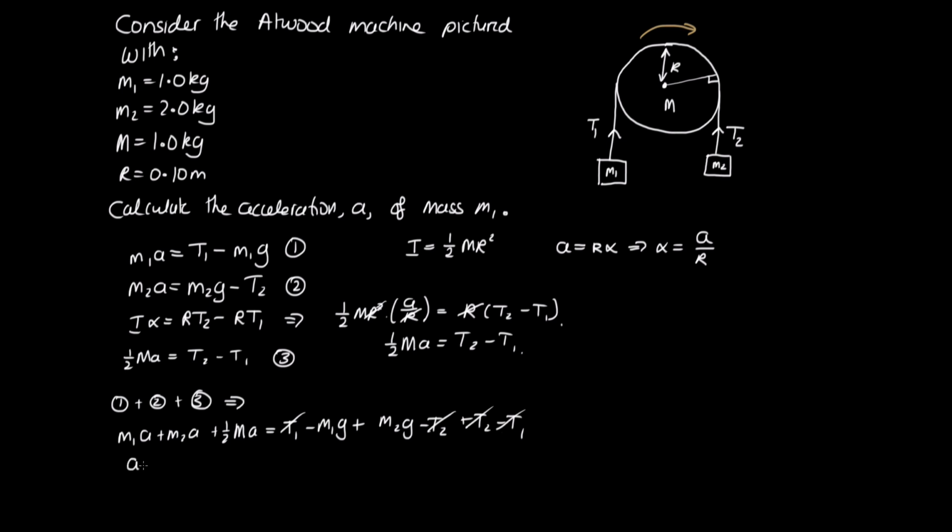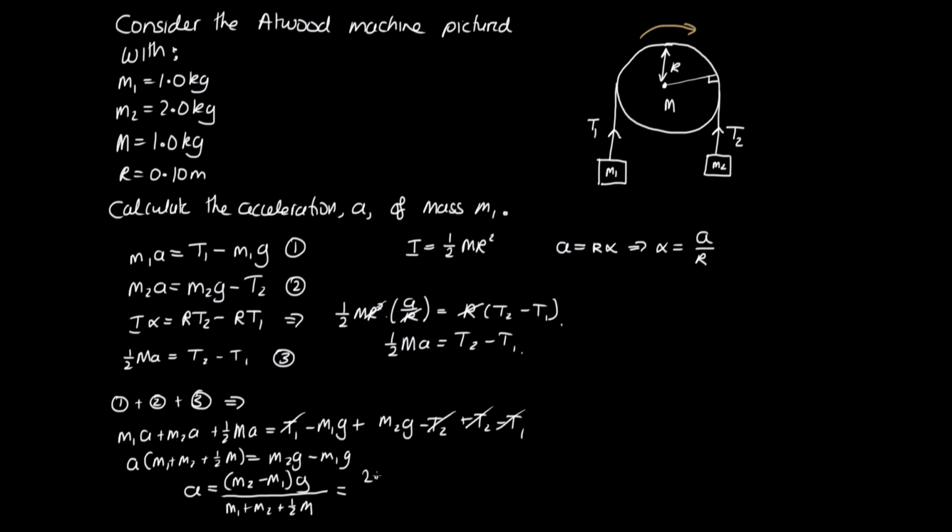So we can rearrange this and say, well, a times m1 plus m2 plus a half m is equal to m2g minus m1g. And then we can rearrange it to get our acceleration. Our acceleration is equal to m2 minus m1, let's pull g out as a common factor, over m1 plus m2 plus a half m. And now these are all things that we have, so we can substitute in for our system here and solve this.